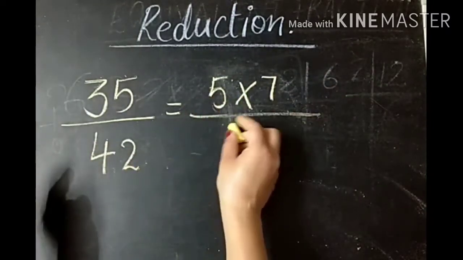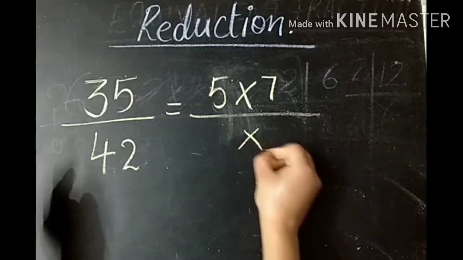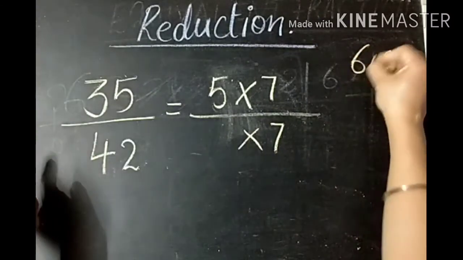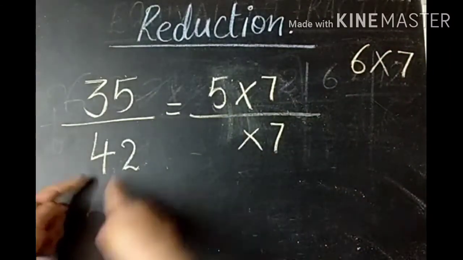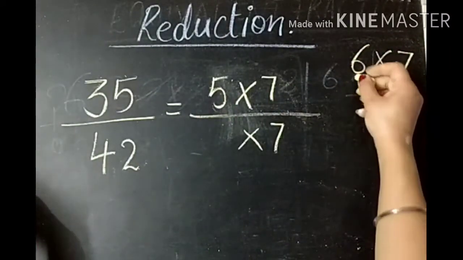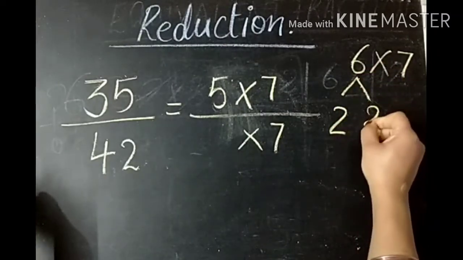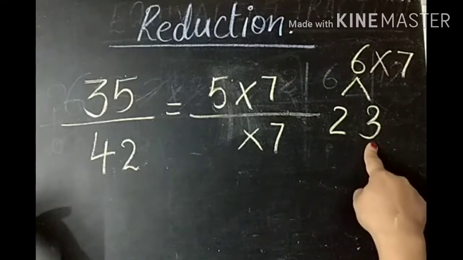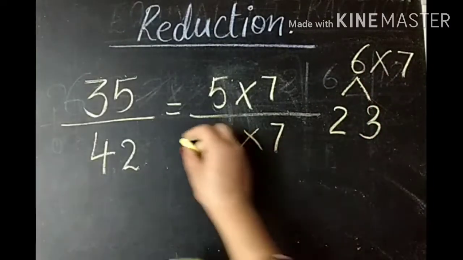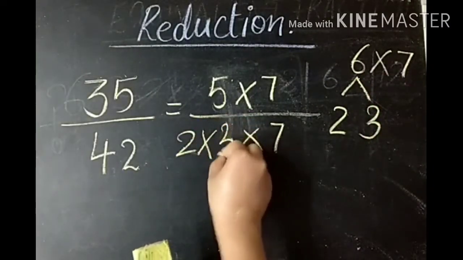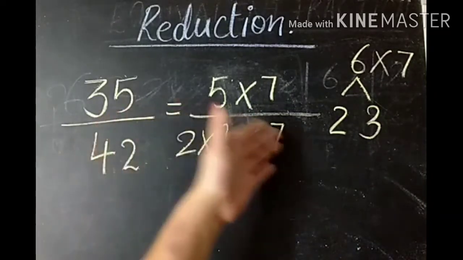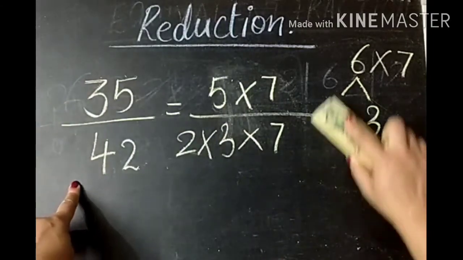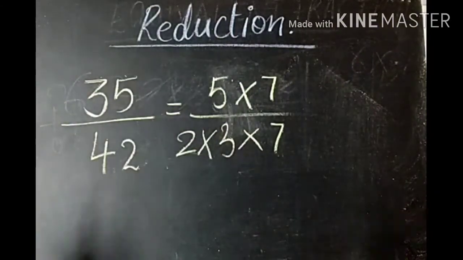Here also this is 7. We know 6 times 7 is 42. But 6 is not a prime number. We need to further take the prime numbers out of 6. 2 3s are 6. So these all are the prime numbers with which 35 and 42 are made up of.